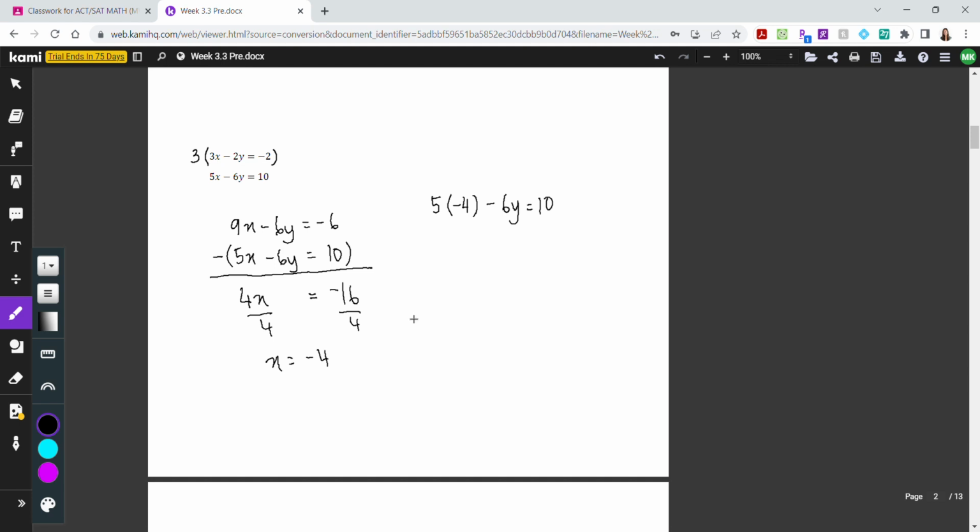Expand the parentheses. We are going to get negative 20 minus 6y equals 10. Group the like terms. Negative 6y equals 30. Isolate the variable, so divide both sides by negative 6. So y equals negative 5. Therefore, our solution for this is going to be negative 4, negative 5.